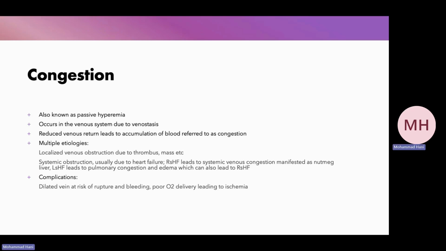Also, since there is a backup of blood, blood starts pooling up, and poor oxygen delivery can lead to ischemia, lung and liver congestion. So in the lungs, you can have pulmonary edema, ARDS, right side heart failure, and in the liver, you can get dilated sinusoids, hypoxia, steatosis, cirrhosis, portal hypertension of post-hepatic type, nutmeg liver.